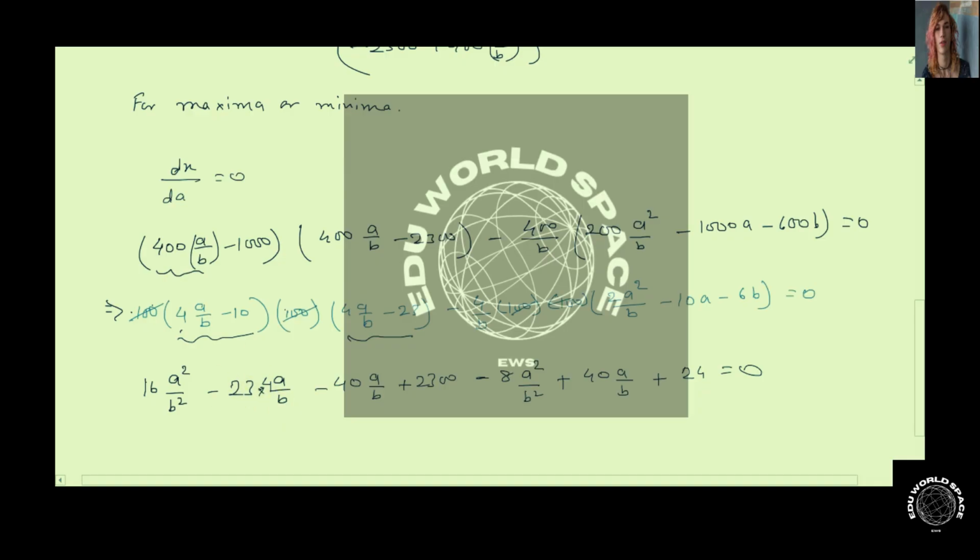So we can write it here. We can collect the coefficient of a square upon b square.